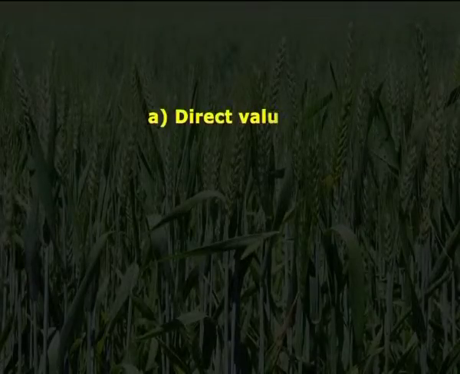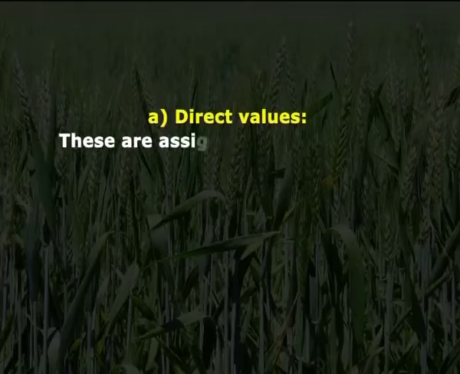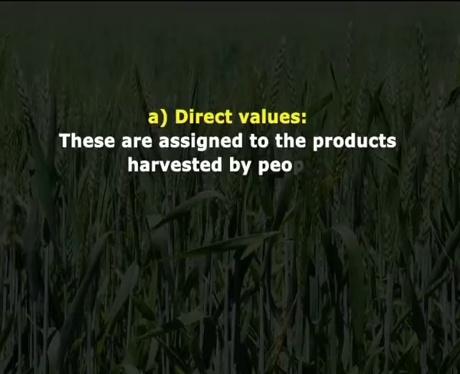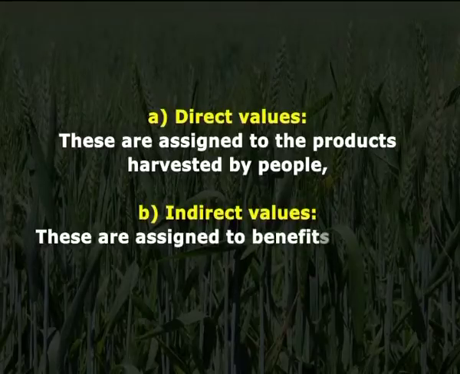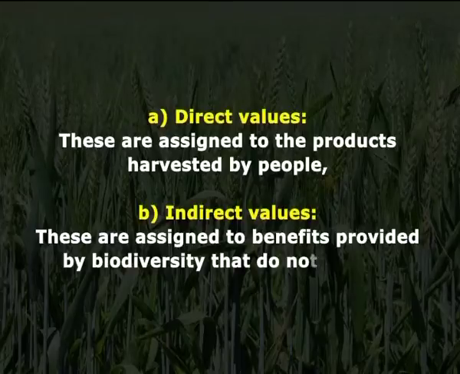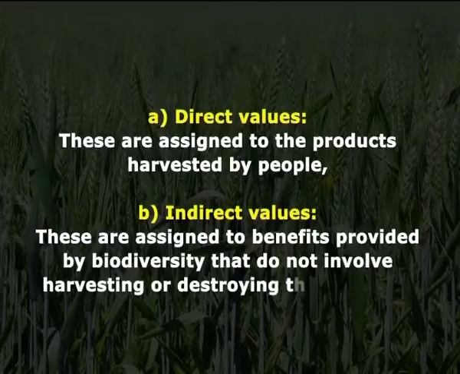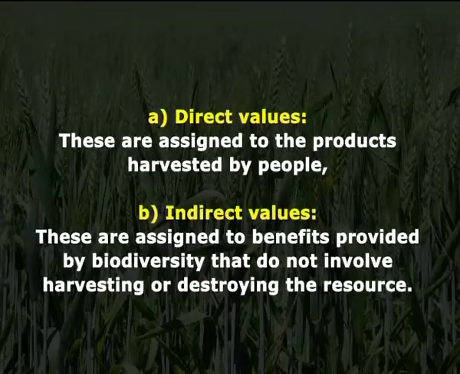A. Direct values. These are assigned to the products harvested by people, and B. Indirect values. These are assigned to benefits provided by biodiversity that do not involve harvesting or destroying the resource.